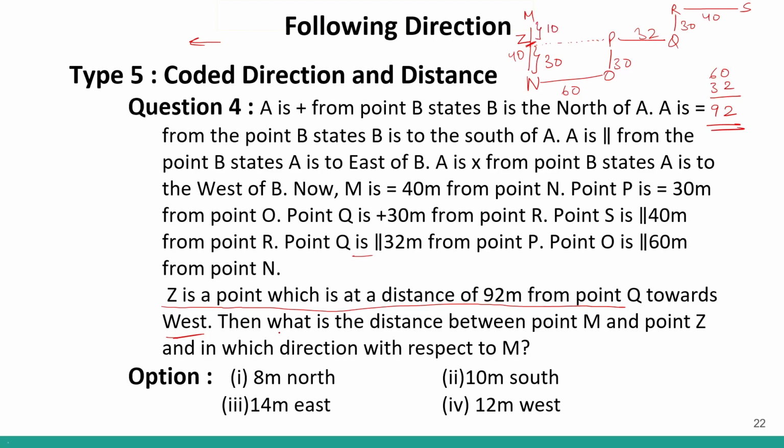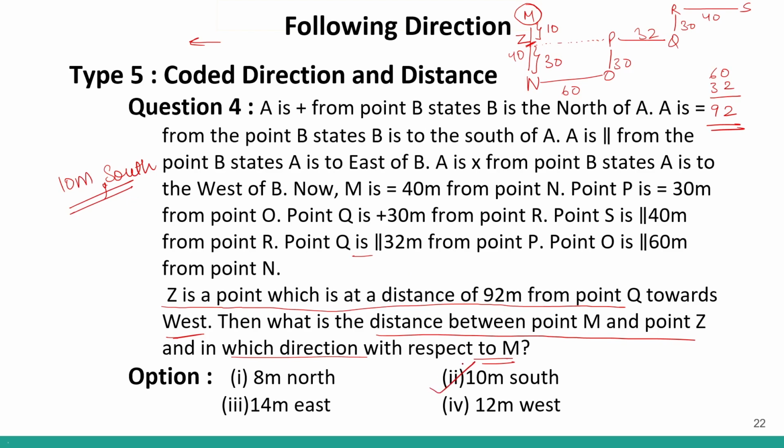Then we have to find the distance between point M and point Z and in which direction with respect to M. With respect to M, Z is in south direction. The distance is 10 meter. So our answer will be 10 meter towards south, which is option number 2.